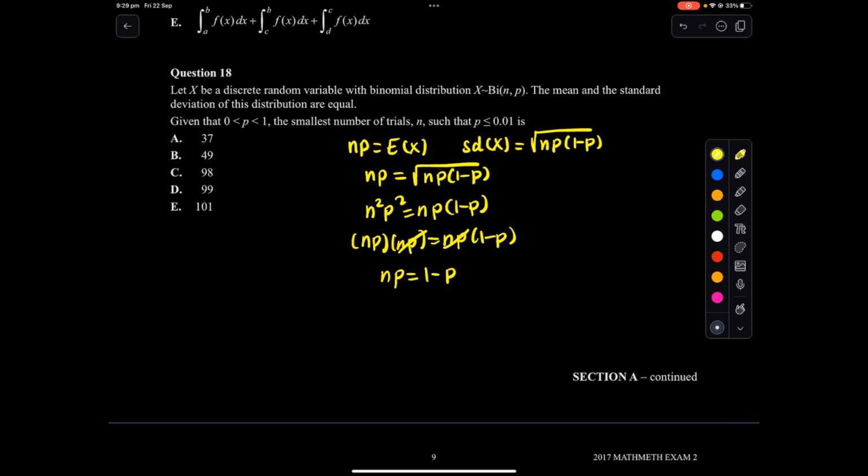And if we solve for p, np plus p equals 1, p(n plus 1) equals 1, so p is 1 over n plus 1. And we know that p is less than or equal to 0.01, so 1 over n plus 1 must be less than or equal to 0.01.